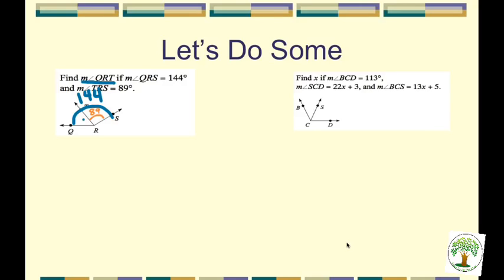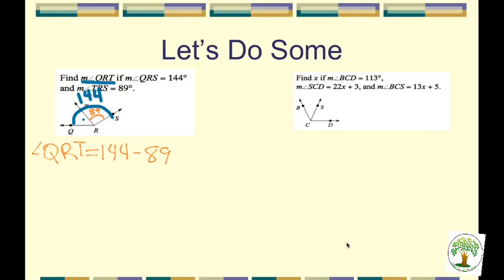So how am I going to find the dot, the QRT? Subtraction, yes. And I'm going to challenge you on your homework to not just type in your calculator 144 minus 89. I would like you to write 144 minus 89, and then type it into your calculator, so that when you grade it, if you get it wrong, you'll know what you did in the first place, so you can check it and figure it out. So what are we supposed to write?